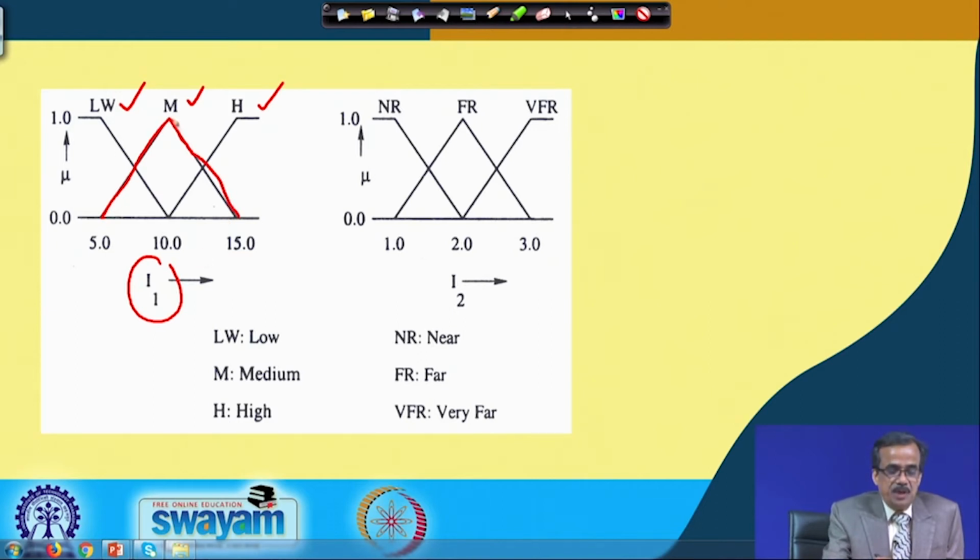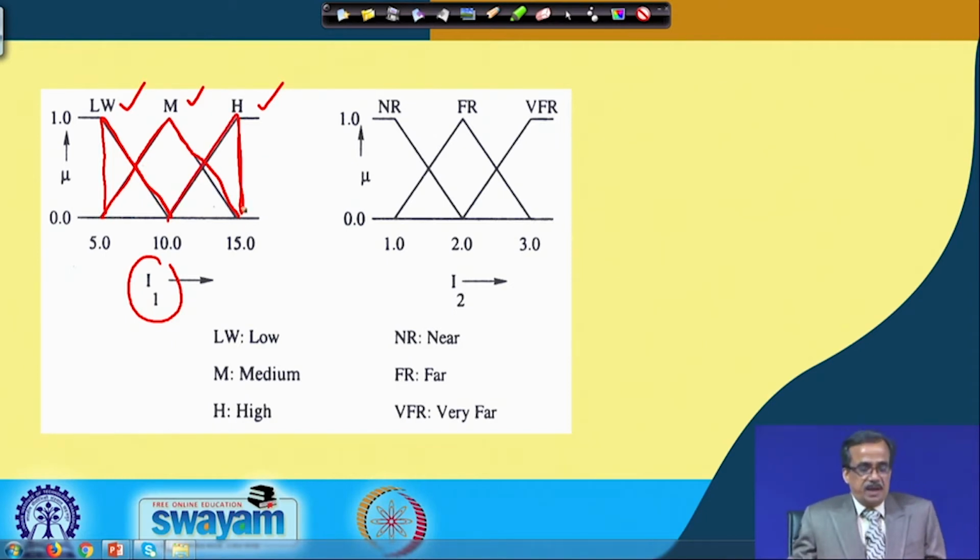Now, here we consider one isosceles triangle. Similarly, for this low we consider some sort of right angle triangle, and for high also we are going to consider some sort of right angle triangle.